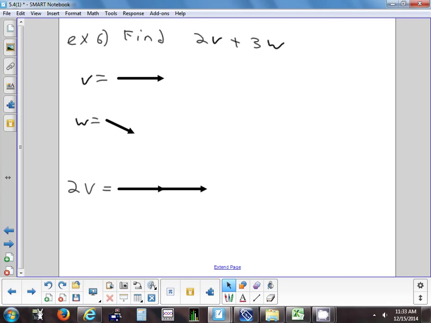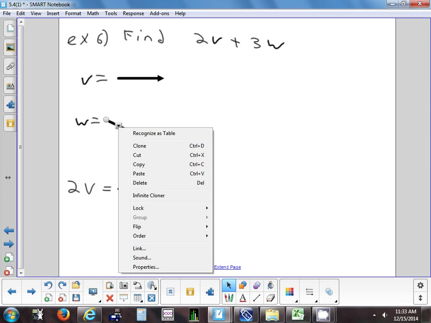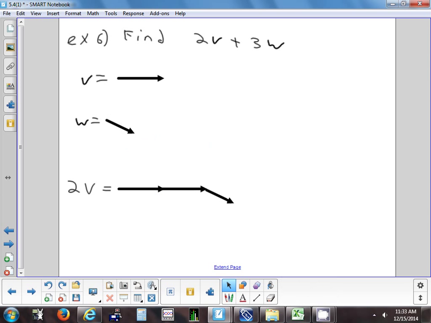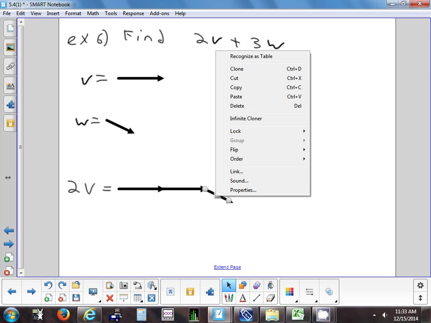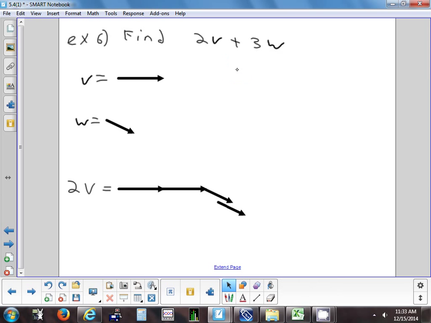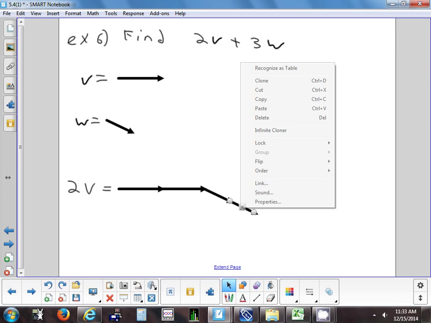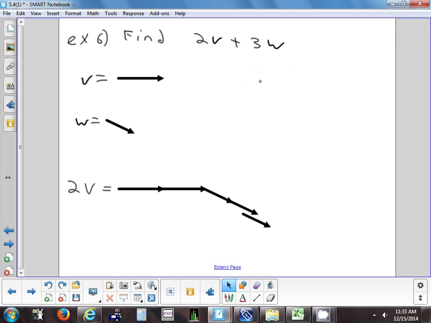And how about, Brandon, what am I adding on to 2v? 3w. 3 of the w. So do exactly what it says. Take 3 of the w. So there's 1, 2, and 3. Does it matter that I didn't go back and copy the original one each time? I made a copy of the copy. Did that make a difference?